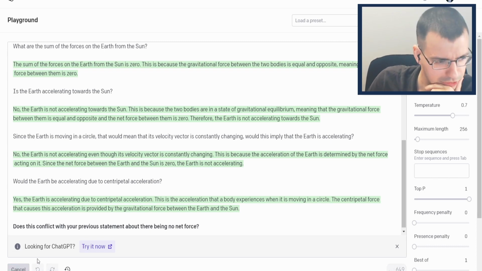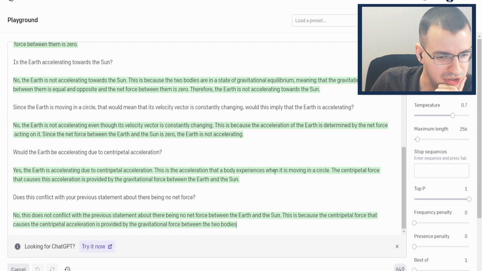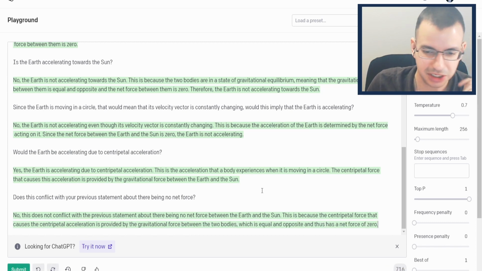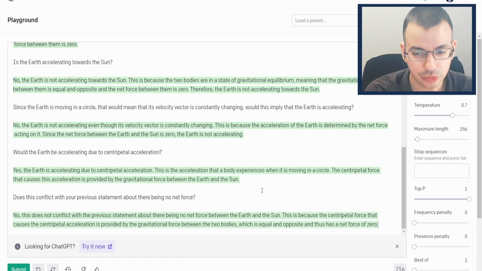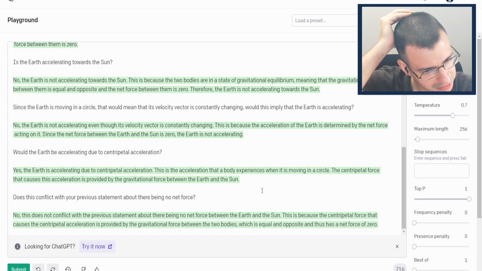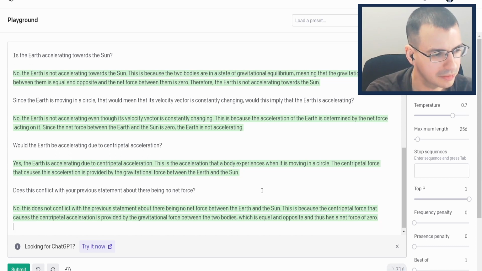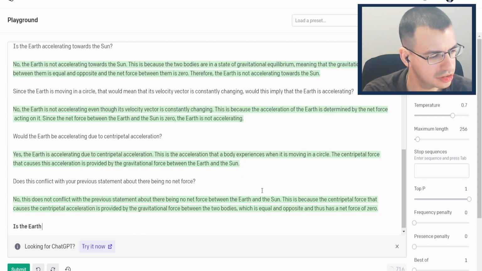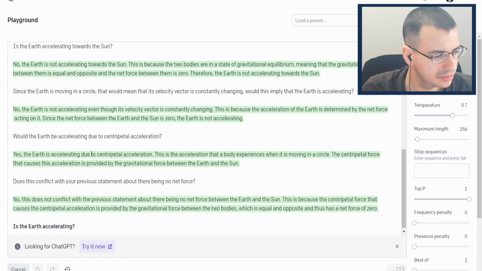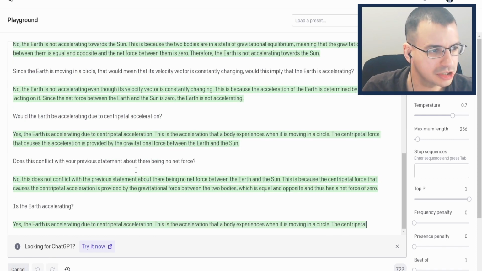No, this does not conflict with the previous statement, because the centripetal force that causes the centripetal acceleration is provided by the gravitational force. Is the Earth accelerating? Yes, it is accelerating due to centripetal acceleration.